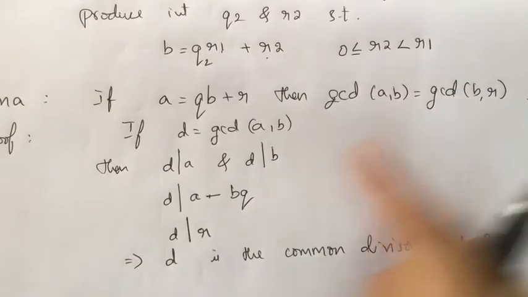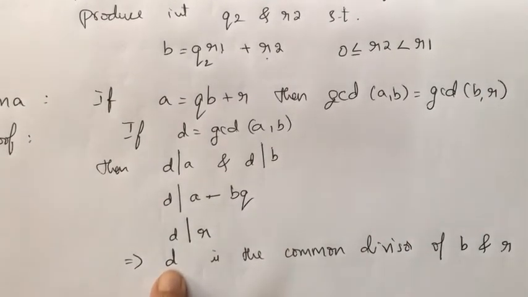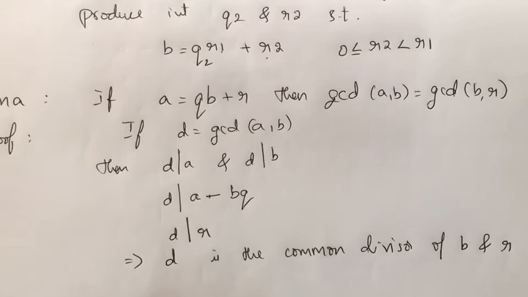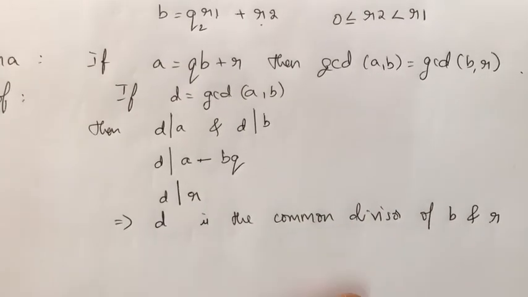Now I have to show that D is equal to the GCD of B and R. For that I have to take one more common divisor.